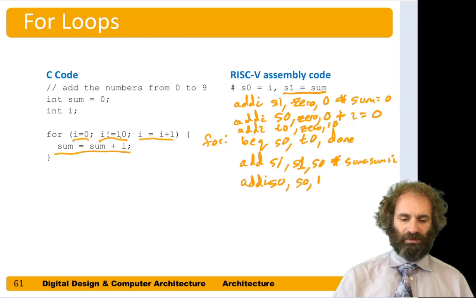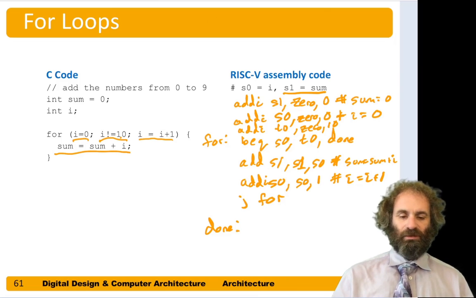That would be an add I plus 1. And finally, we're ready to jump back to the for label to check the condition again. And here we'd put a done label to continue when we're done with the for loop.